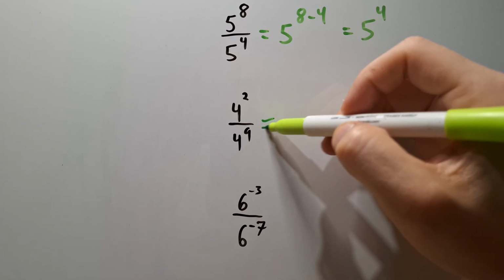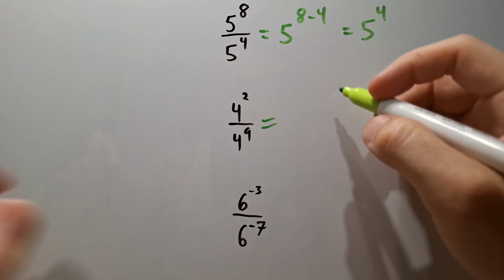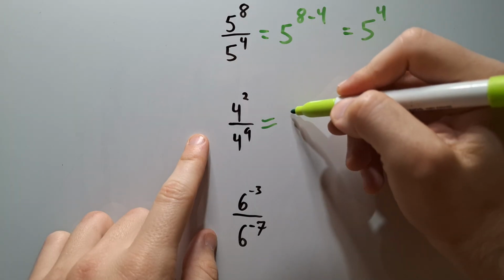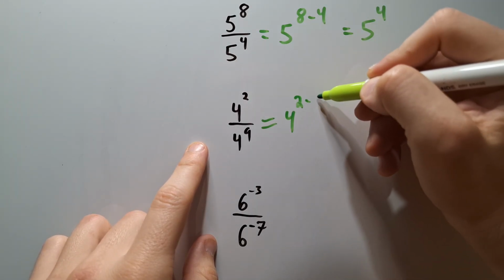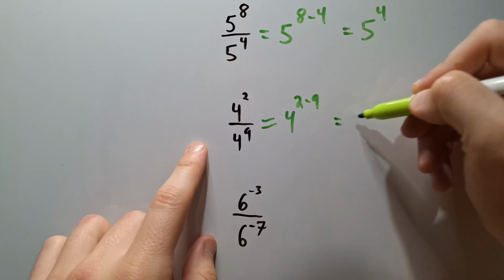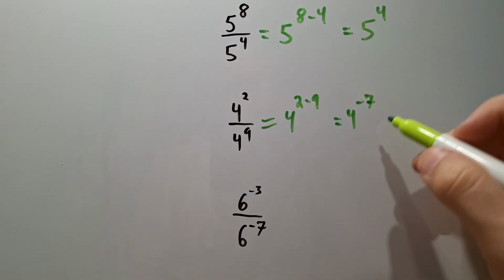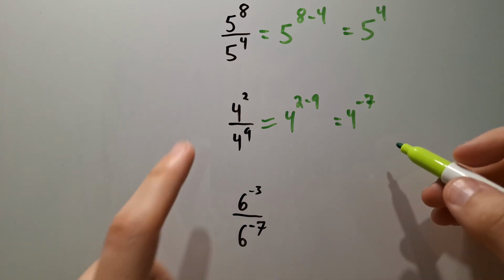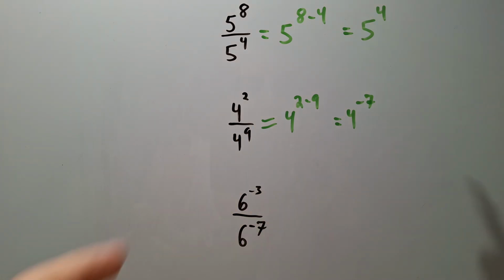Let's take a look at this example here, because I just said that we would do top number minus bottom number. So when we do it here, we'll do 2 minus 9, but this gives us a negative exponent. Interesting. Whenever this is the case, always rewrite your solution with a positive exponent.